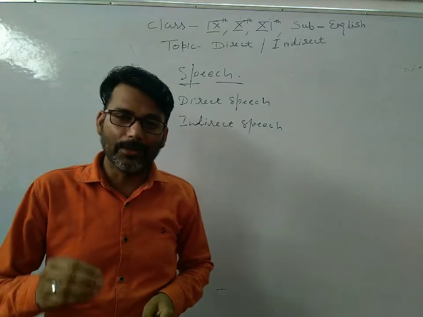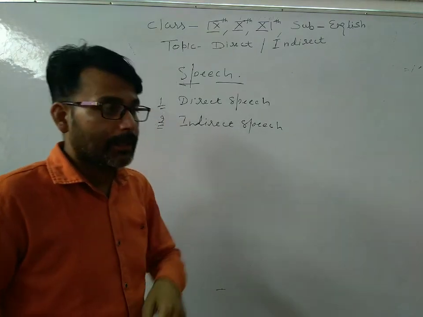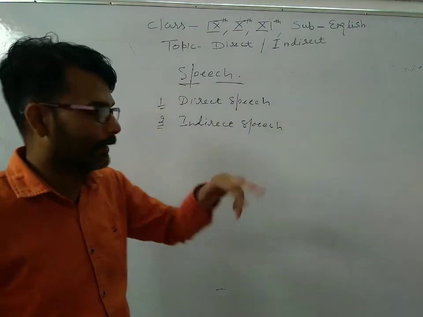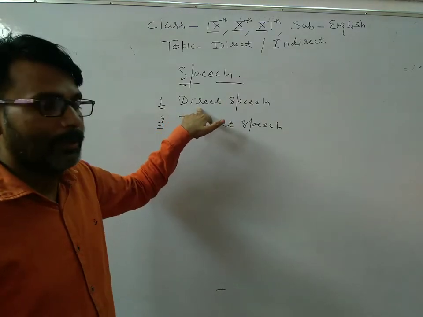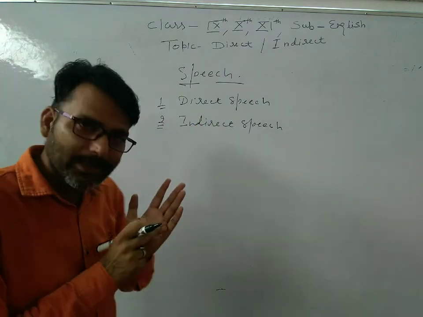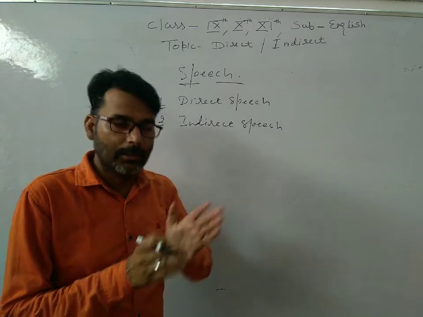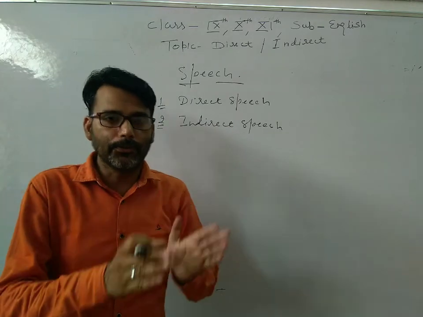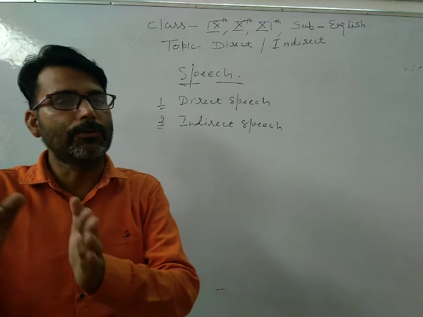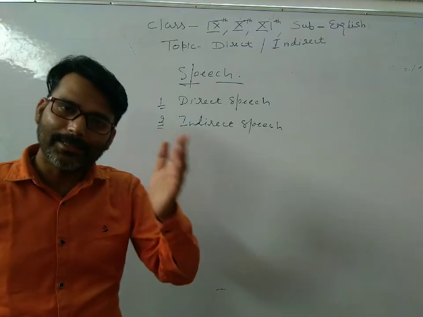Direct: when you express the same sentence as it is in front of any person, that is called direct speech. It means that in direct speech, there is no need to change the person. There is no need to put the conjunction. The same wording you have to express in front of another person as it is.